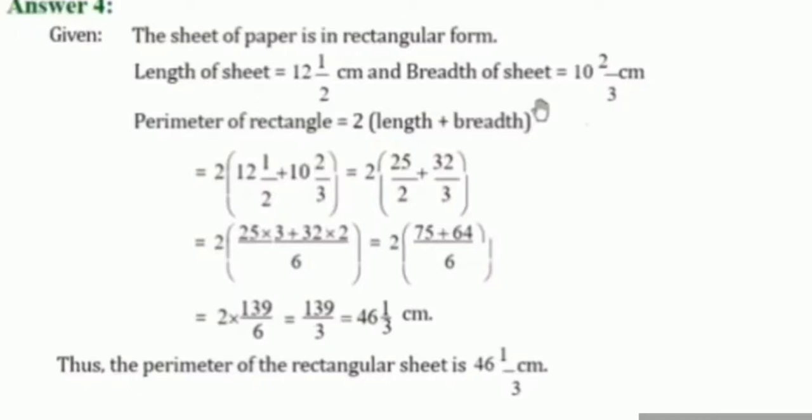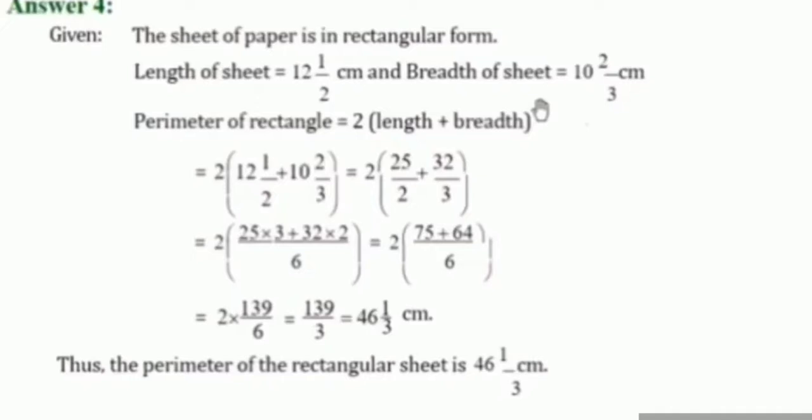Now we have to find the perimeter of the rectangle. So the formula is 2 in bracket length plus breadth. This is the formula of perimeter of a rectangle. Now put the values. So 2 in bracket 12 whole 1 upon 2 plus 10 whole 2 upon 3.